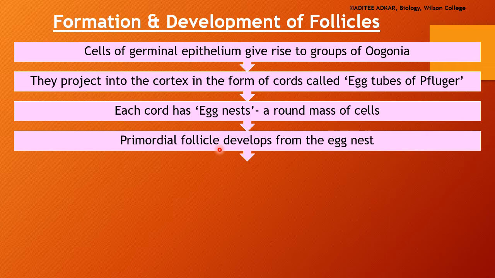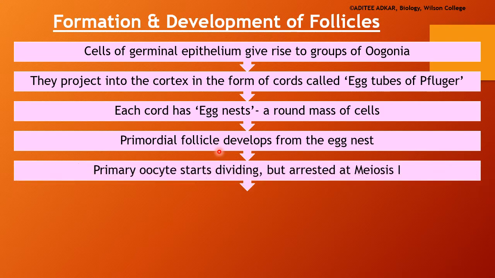What is the structure of a primordial follicle? A primordial follicle contains a primary oocyte surrounded by a layer of granulosa cells. Primary oocyte is another developing stage of the female gamete. The primary oocyte starts dividing by meiosis, but the process is arrested at the meiosis 1 stage itself.